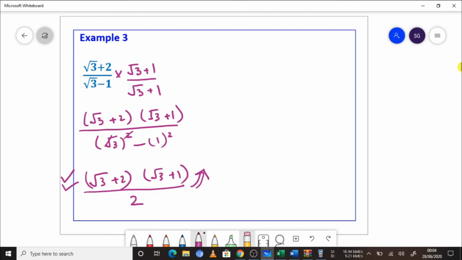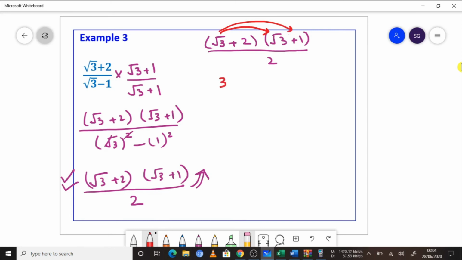Now I'm going to simplify this just for the sake of any expansion that may be left behind. Okay, so we multiply these two, we get 3 plus under root 3, and then for 2 we have 2 times root of 3 plus 2 over 2.